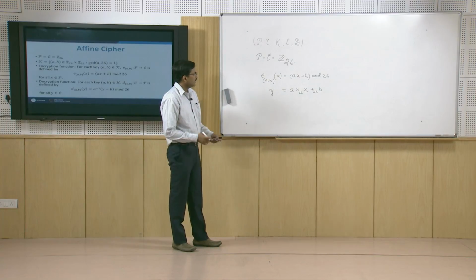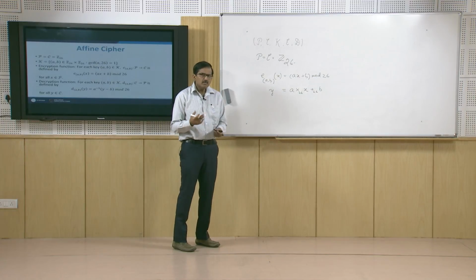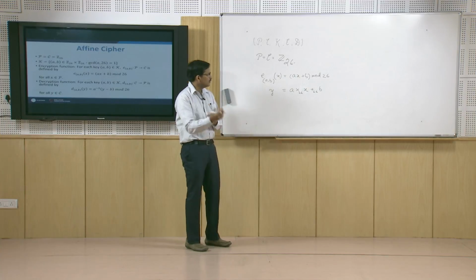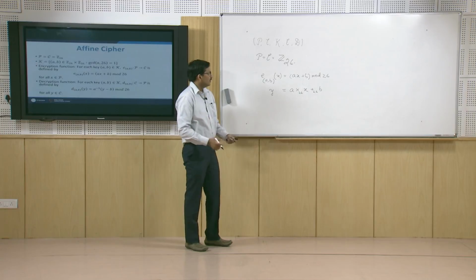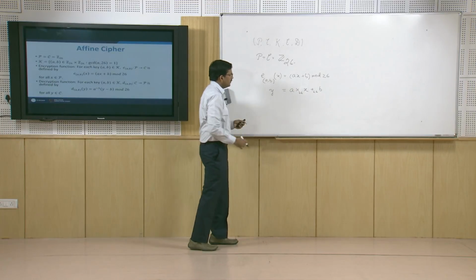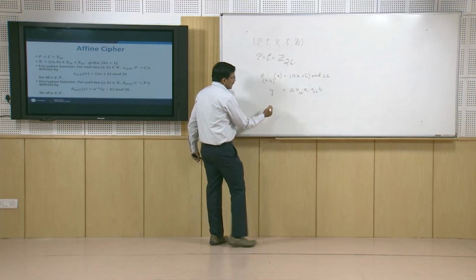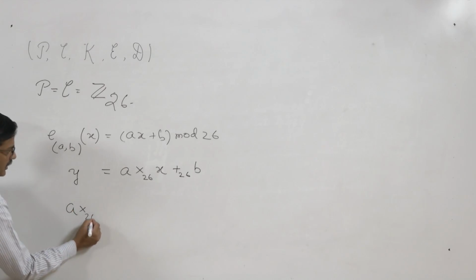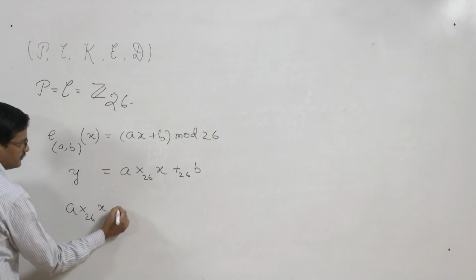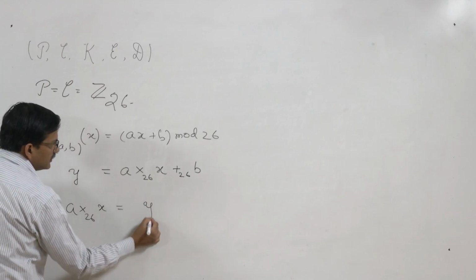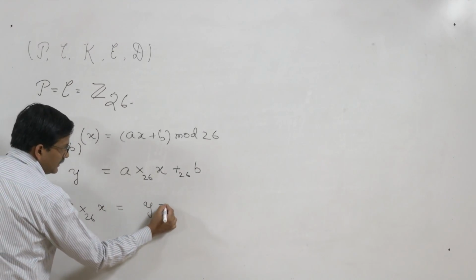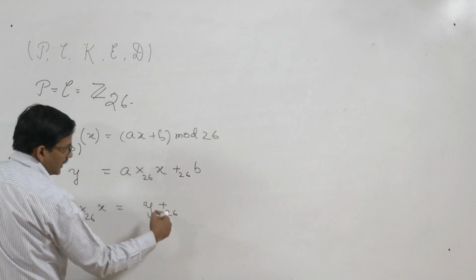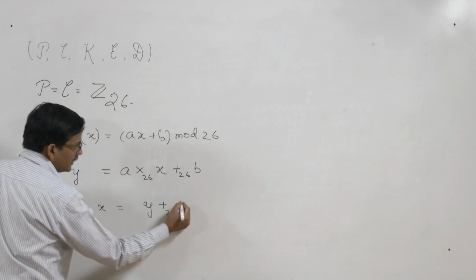Let us suppose this ciphertext is y. Now, we would like to see the scenario where Bob has y and Bob wants to calculate x based on the fact that he knows a and b. So, he can quite legitimately do this. This is y, modulo 26, and he has to write minus b over here.